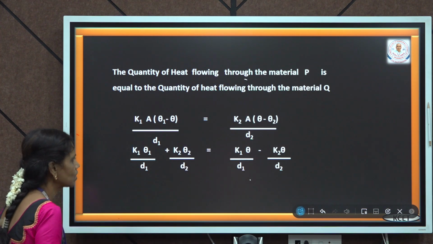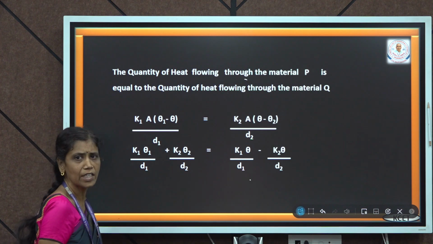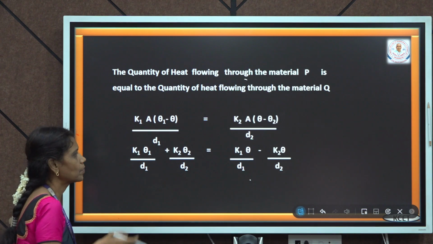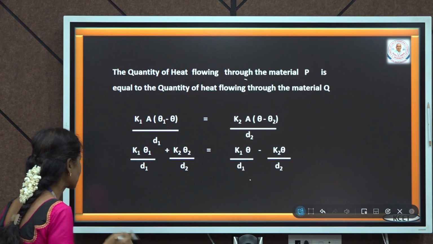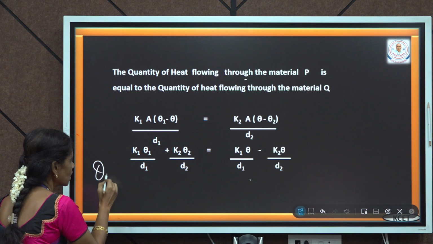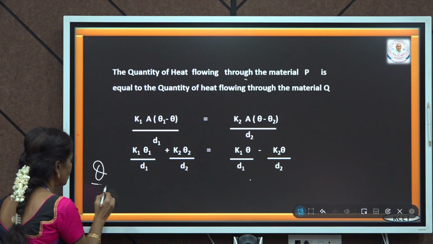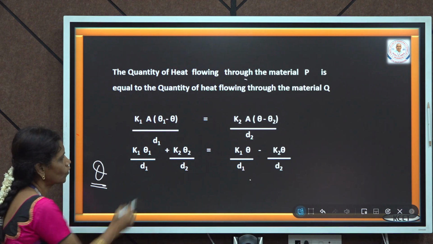Here we want to find out the temperature at the interface of the compound media, at the joining point, that is theta. We want to find out theta.